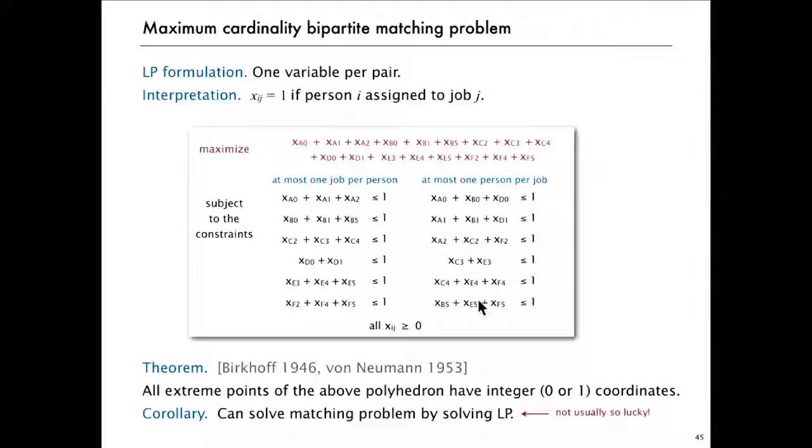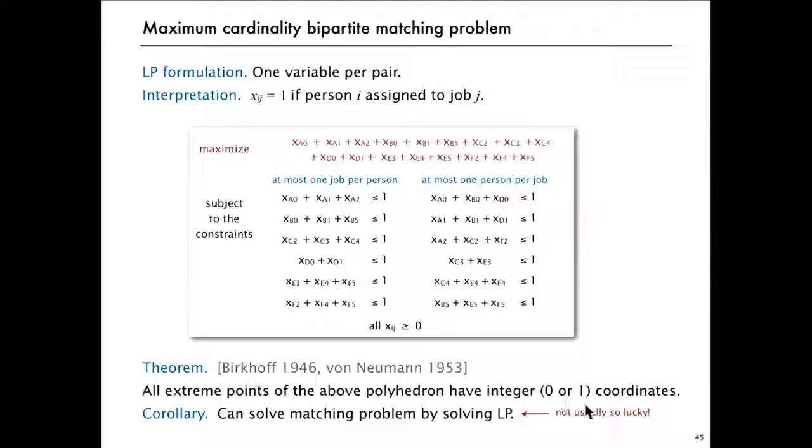Now, this is not a trivial reduction. There was some math, quite a bit of math done early on, including von Neumann was involved. So if you have a polyhedron like this, where the right-hand sides of the inequalities are all 1, all the extreme points of this polyhedron have integer coordinates.